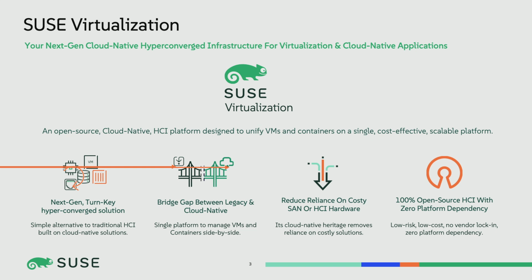It bridges the gap between your legacy virtual machines and your cloud-native workloads. And it's a turnkey solution, which means that the moment you install it, it's ready to go. Networking, storage, and most of the components you need to start deploying virtual machines and container workloads are available to you.